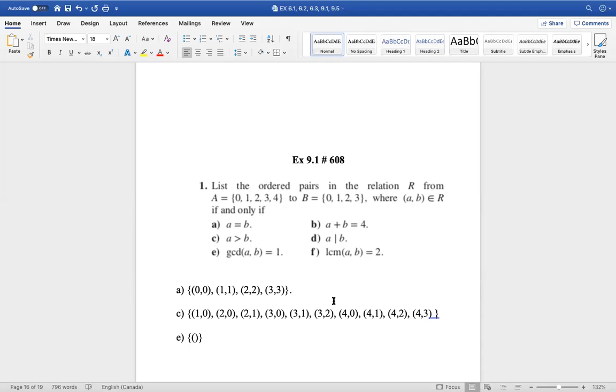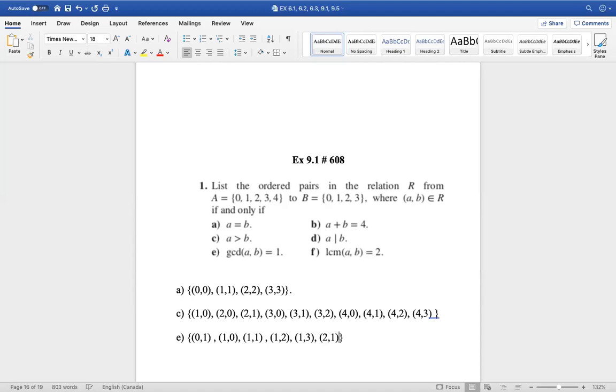So we take (0, 1), (1, 0), then we have (1, 1), and then we have (1, 2), whose greatest common divisor equals 1. The next one will be (1, 3).